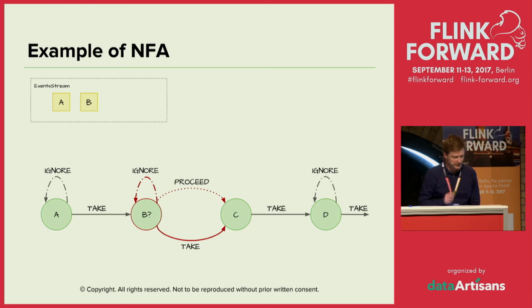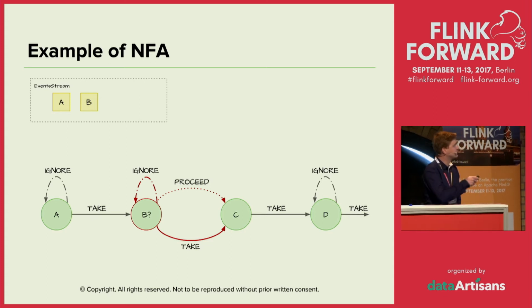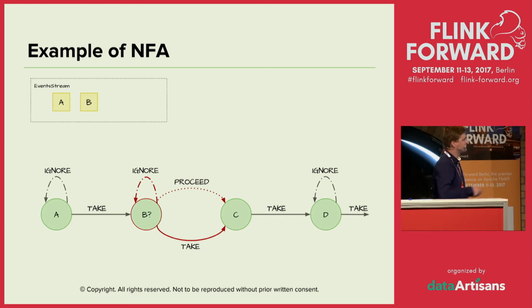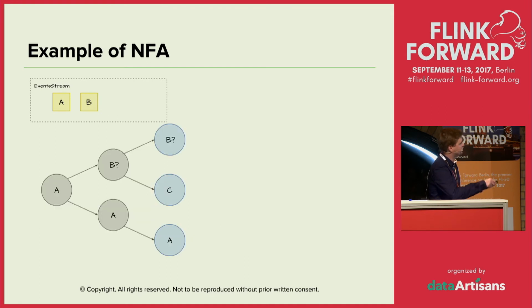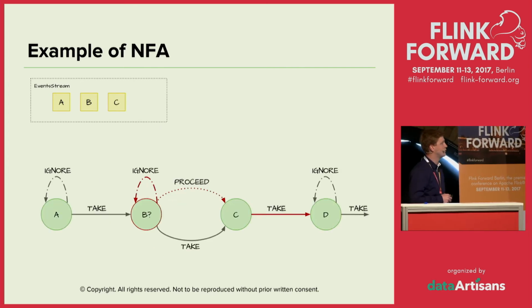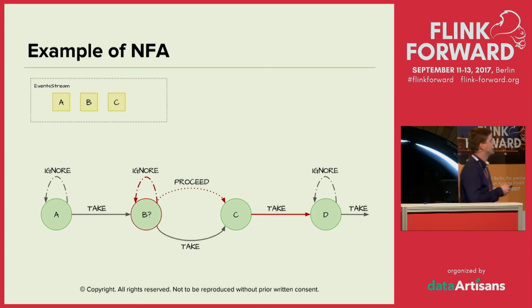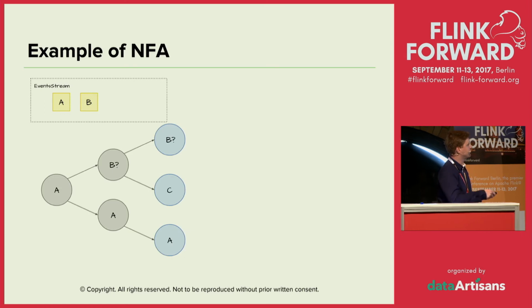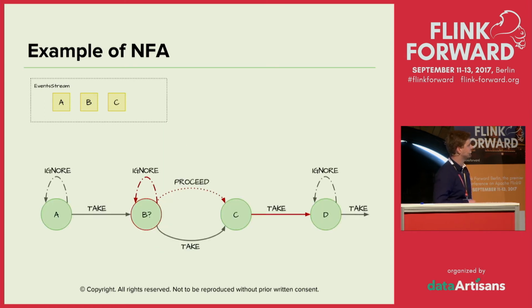I know it may be confusing, but let's see. In this case, this transition is not met by B. So proceed does nothing in that case, and we will end up with just B and C new computation states. But let's see what will happen if the next event is C and we try to check it against this B state.